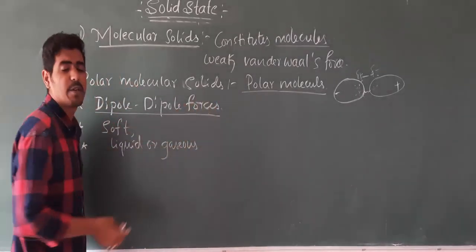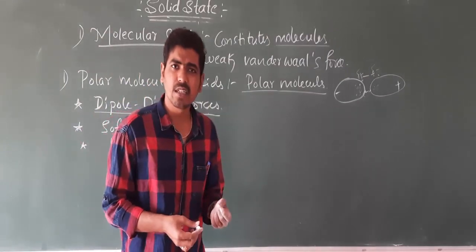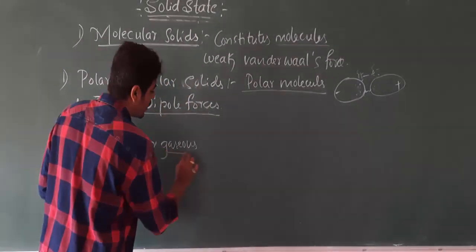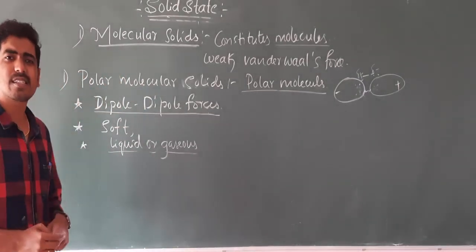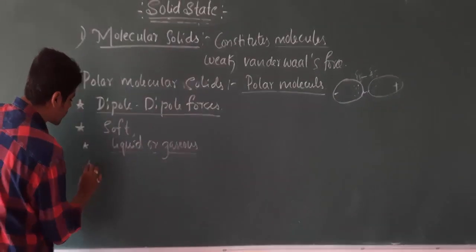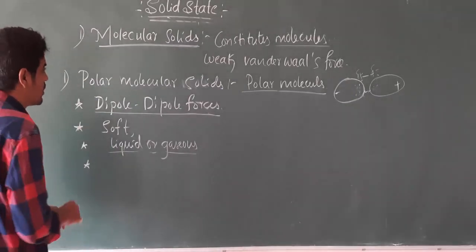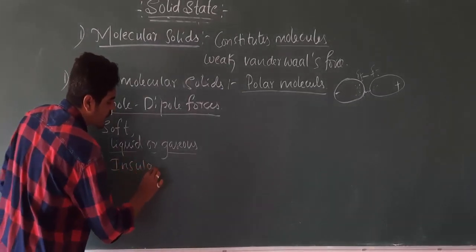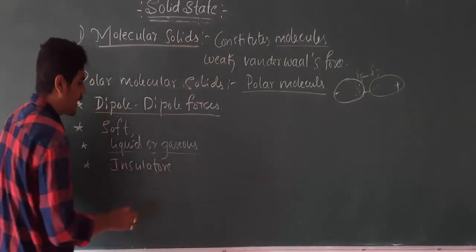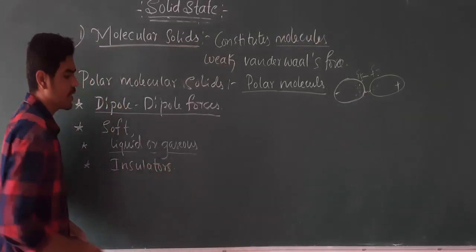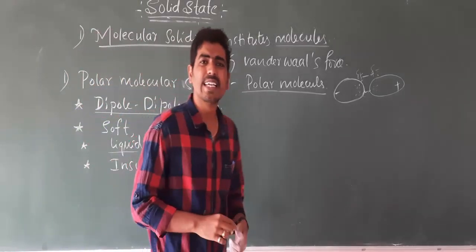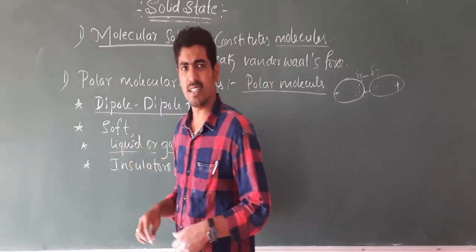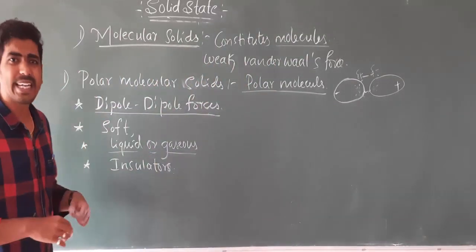Since the force between particles is very weak, most of the polar molecular solids will be obtained in liquid or gaseous state. And the next property is they act as insulators, means they are bad conductors of heat and electricity. Hence they are used as insulators, because they won't conduct electricity or heat.